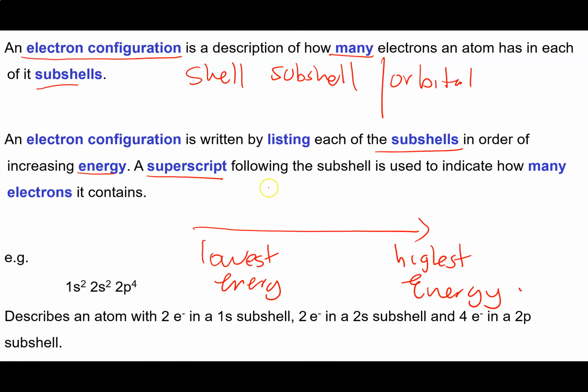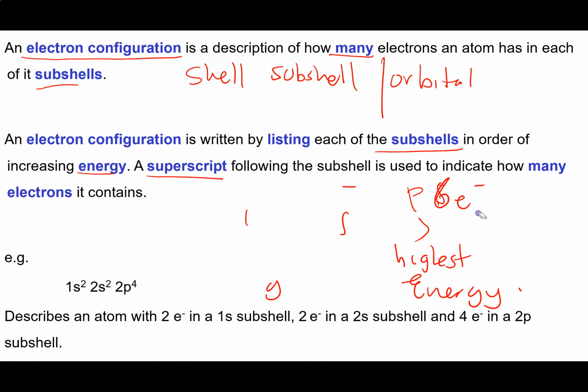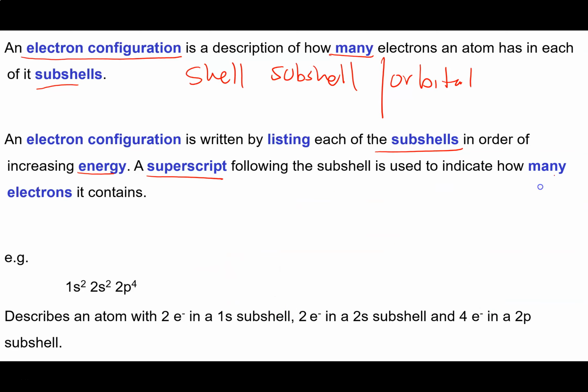Now, what you want to remember is that an S subshell can have at most 2 electrons, a P can have at most 6 electrons, a D at most 10 electrons, and an F at most 14 electrons. So if we keep that in mind, we'll be on the right track. So S2, P6, D10, F14. So what is this describing here?